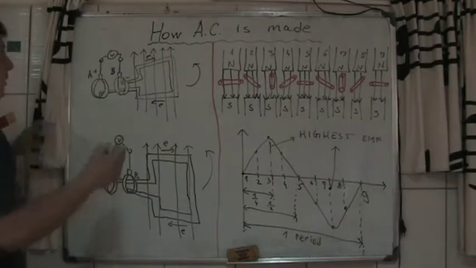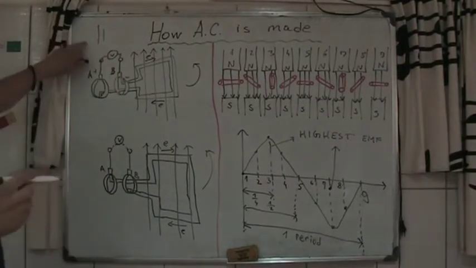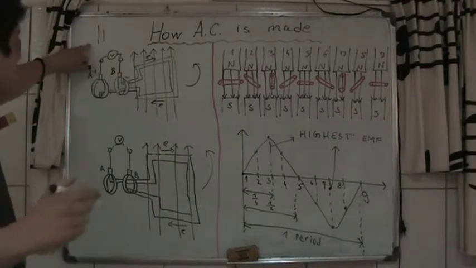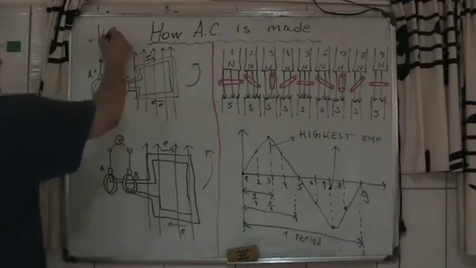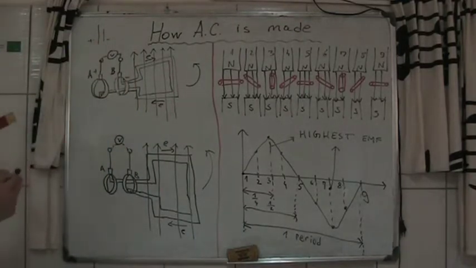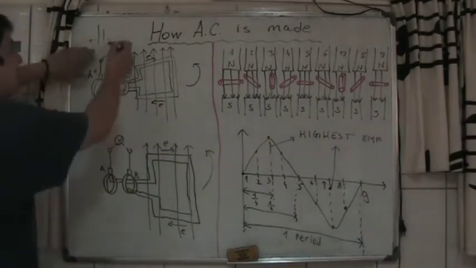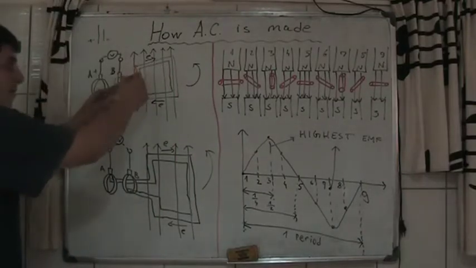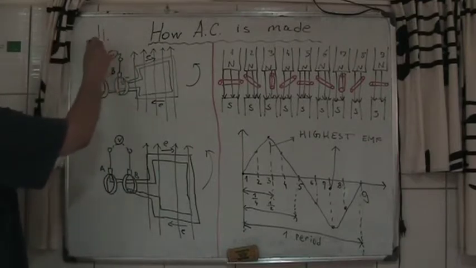Now, like a battery or generator in an electrical circuit, this will become a plus and this is going to become a minus sign, like so. Why? Because the EMF goes from the minus to the plus side.